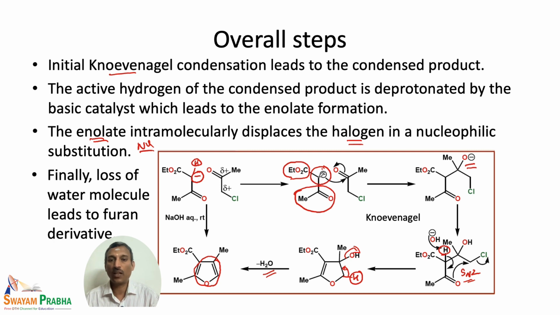That makes this hydrogen, especially the hydrogen as shown here, more acidic, and this more acidic hydrogen can be easily abstracted by the base. So this is one of the important steps in the Knoevenagel condensation reaction. And the second one is the enolate ion attacking the alpha halocarbonyl derivative. So this is the next crucial reaction. So these two are the important reactions which are involved in the formation of the heterocyclic ring here.